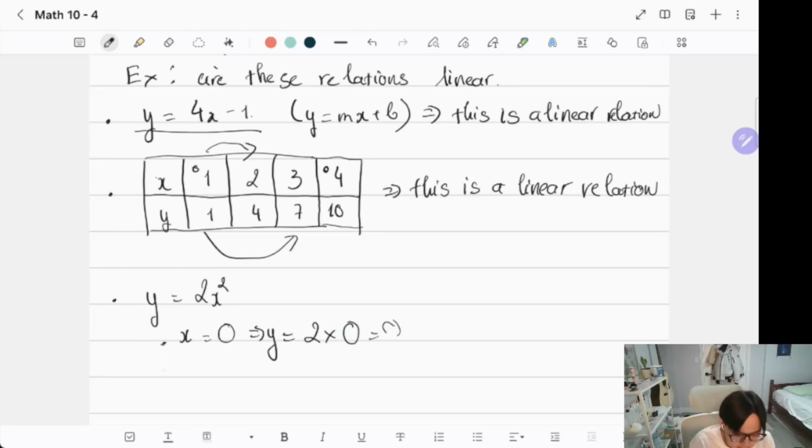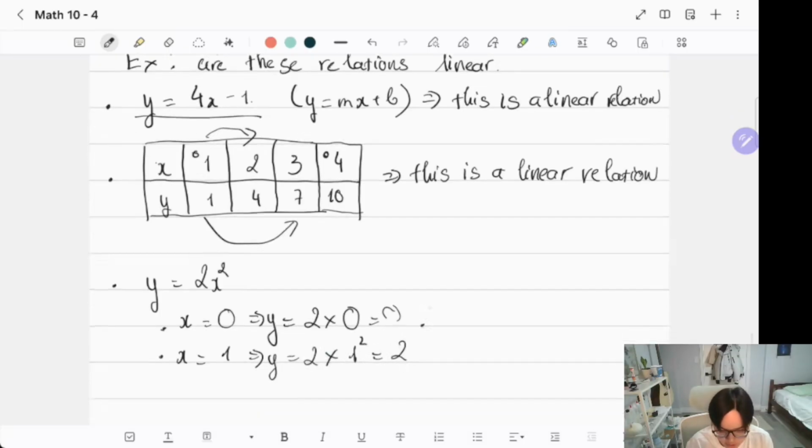And x equal to 1: the y right here is 2 multiplied by 1 squared, which is 2. But when I choose x equal to 3, I get y is 2 multiplied by 3 squared, which is 18.